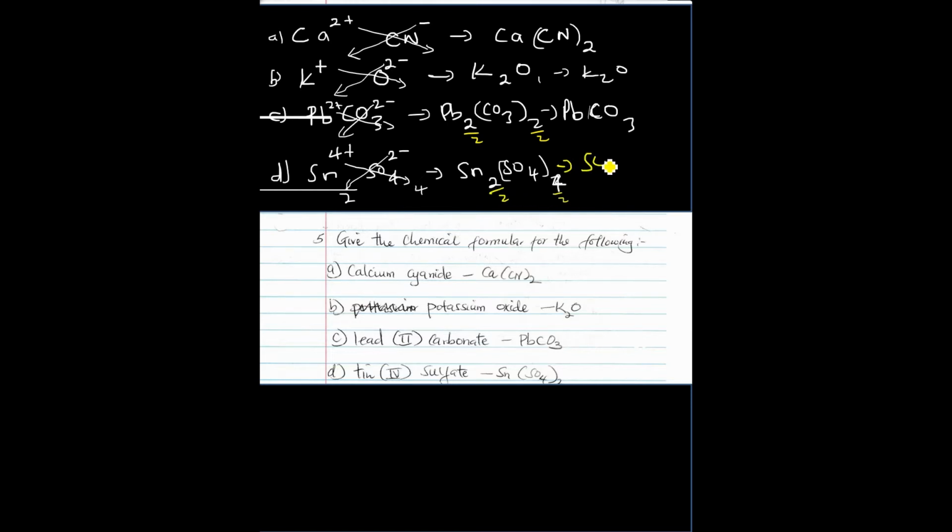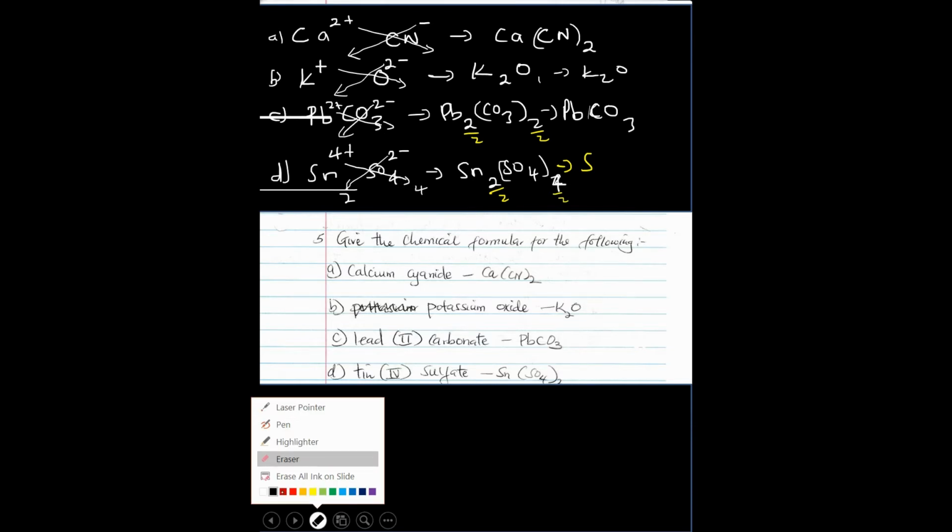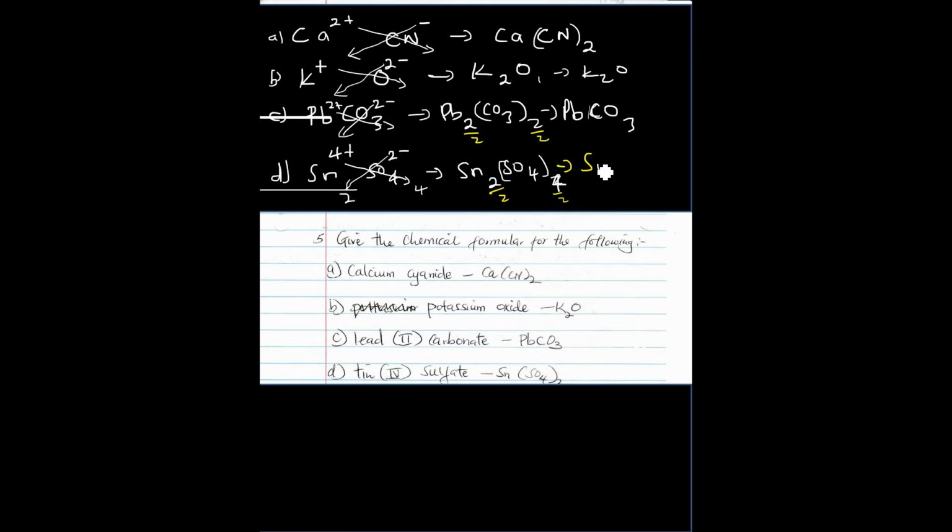So the answer will be Sn, which is for tin. Tin is Sn. SO4. 4 divided by 2 is 2. 2 divided by 2 is 1. 1 is there. Okay.